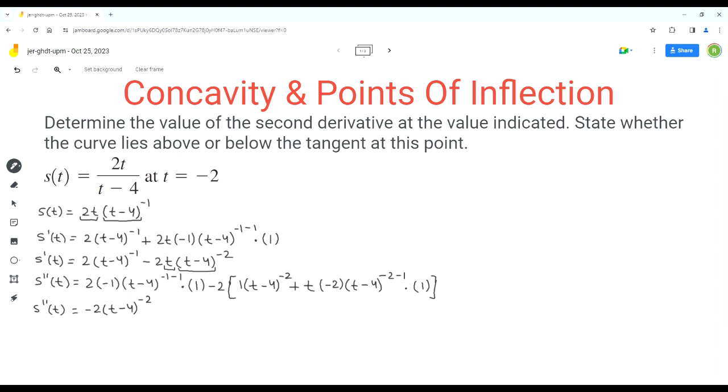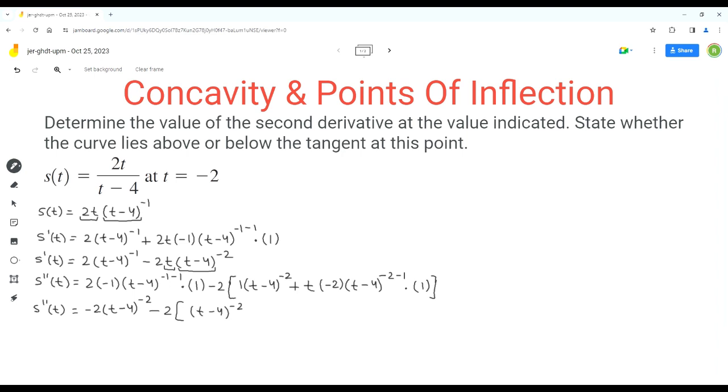And now for the second part, -2, then brackets. Now in the parentheses, in the first part, 1 times (t minus 4) exponent -2 is just (t minus 4) exponent -2, because multiplication by 1 doesn't change anything.